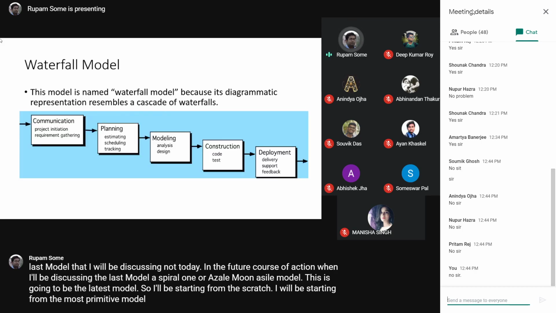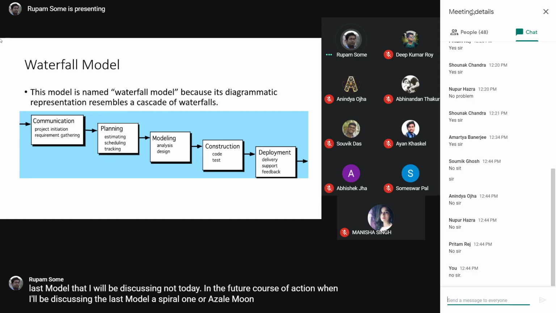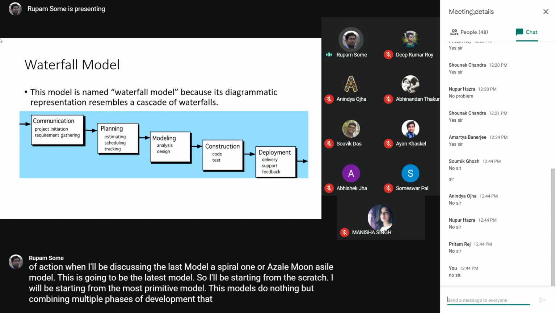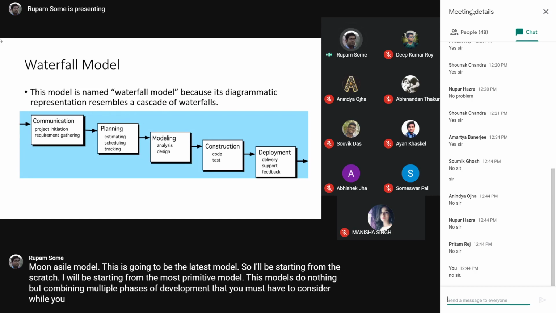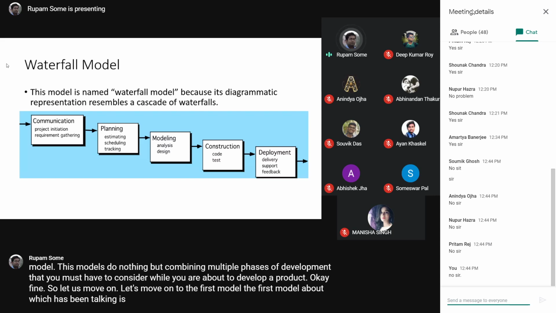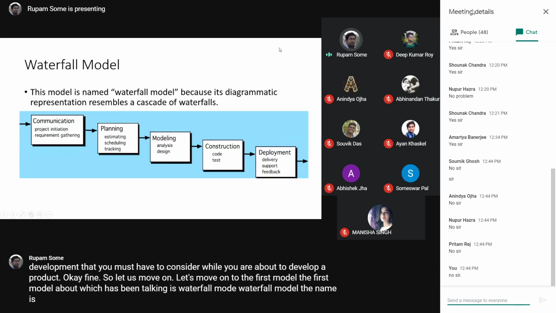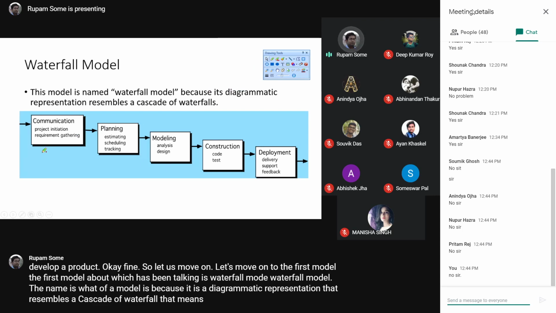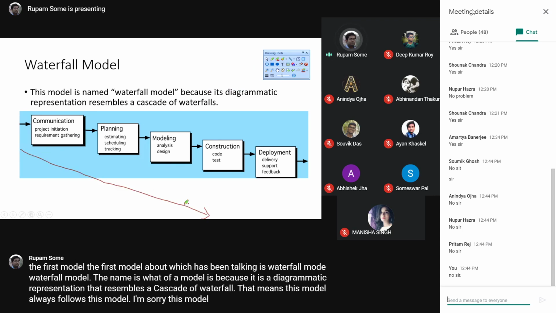The first model about which I will be talking is the waterfall model. The name waterfall model is because it is a diagrammatic representation that resembles a cascade of waterfall. That means this model always follows a top-down approach. Top-down approach means it always moves from top to down.